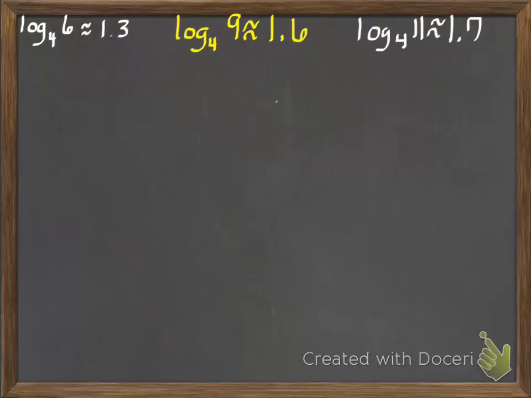Okay, so if I have log base 4 of 66, how can I use 6, 9, 11 to help create that? How can I use 6, 9, and 11 to create 66 using multiplication or division or powers? Multiply 6 and 11.